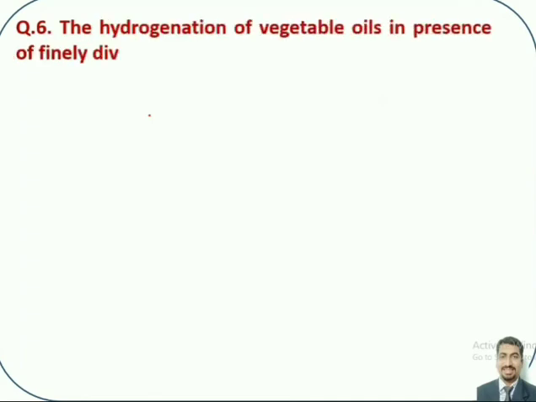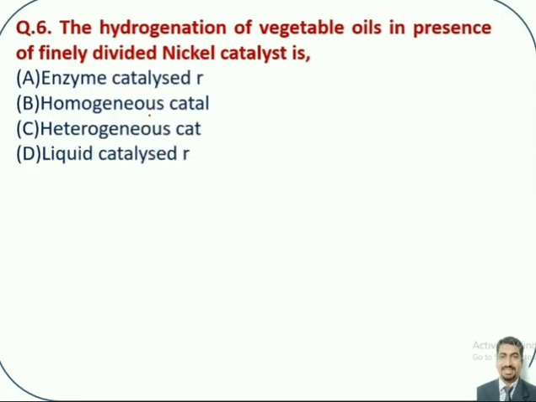The hydrogenation of vegetable oils in presence of finely divided nickel catalyst is A. Enzyme catalyzed reaction. Definitely there is no enzyme involved here, so this is not the correct answer. Homogeneous catalysis. They have mentioned finely divided nickel catalyst. Finely divided means finely powdered nickel.